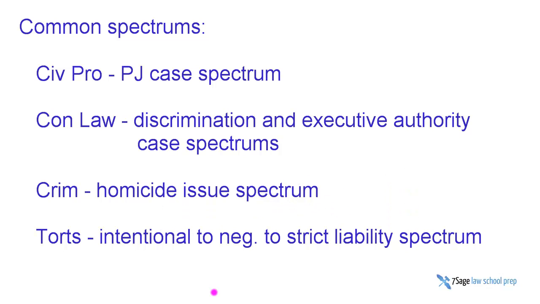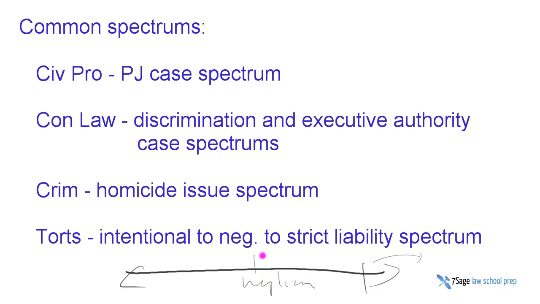And for torts, the entire body of tort law could be put on a spectrum if you wanted to do that. Also on the spectrum of intentionality, how much mental thought went into what happened by the tortfeasor. Here you have intentional, something like battery, getting punched in the face. Here you've got negligence, where the court is basically saying if you'd really thought about it, you wouldn't have done it this way.